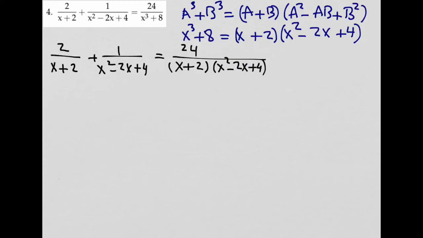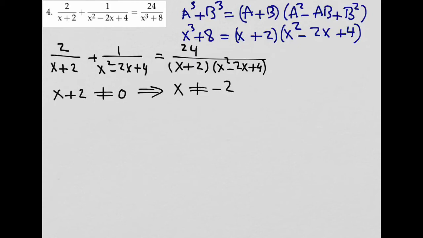And it must be that x plus 2 cannot equal 0, which means that x cannot equal minus 2. Notice x squared minus 2x plus 4 could never equal 0 over the real numbers. So we have to exclude x equal minus 2 to be able to proceed with solving the equation.